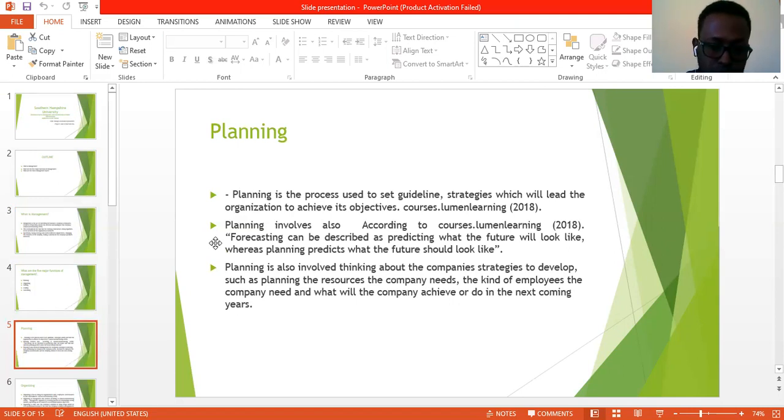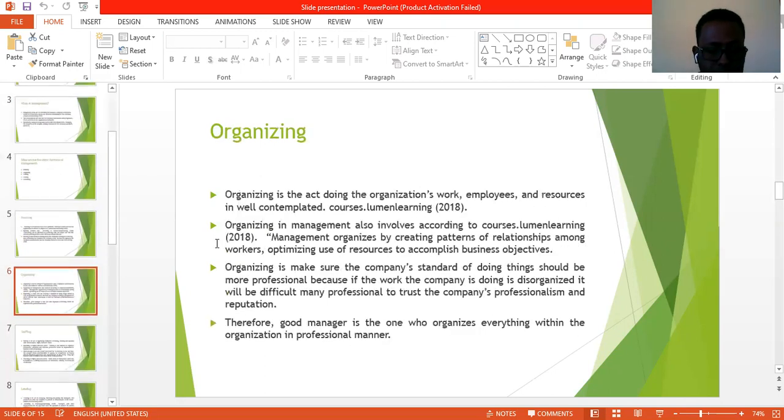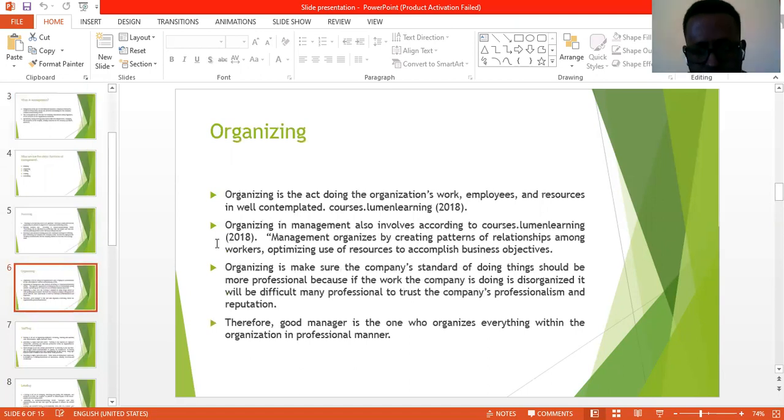Planning also involves thinking about the company's strategies to develop, such as planning the resources the company needs, the kind of employees the company needs, and what the company will achieve or do in the coming years. So now let us go to the next slide, which is explaining about organizing.